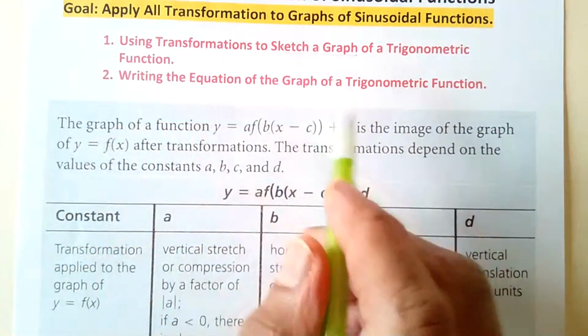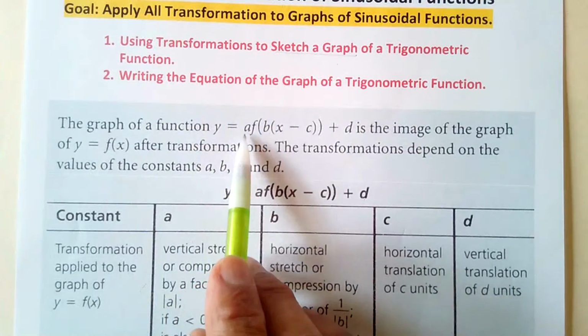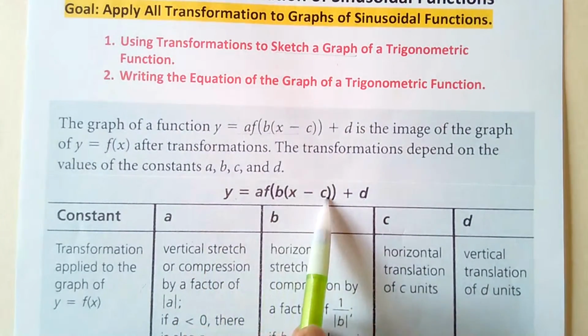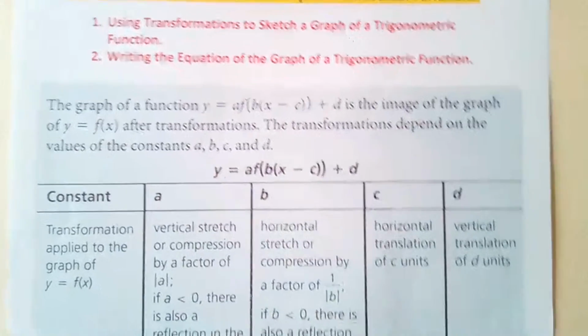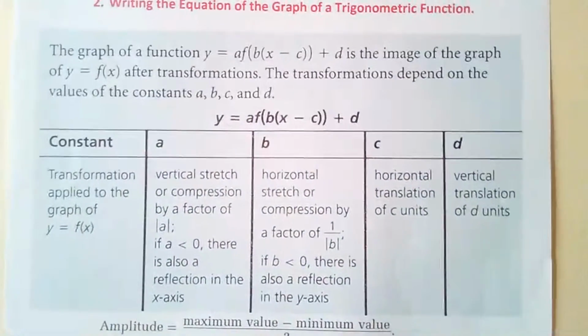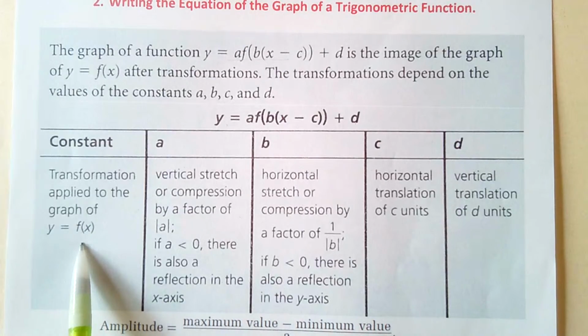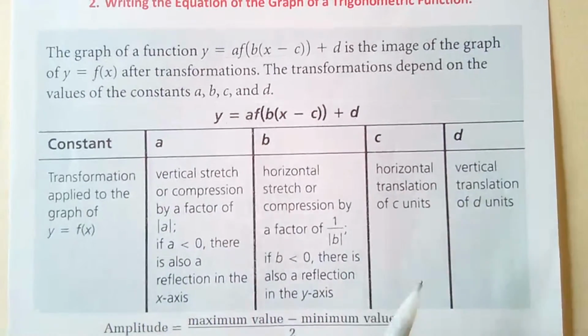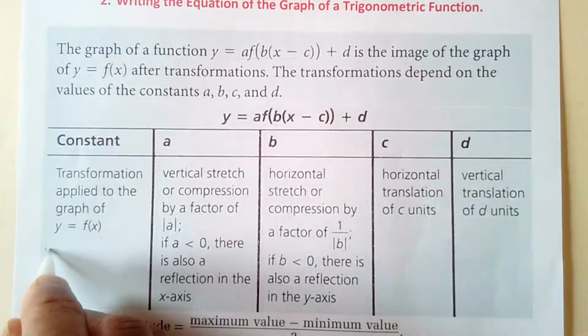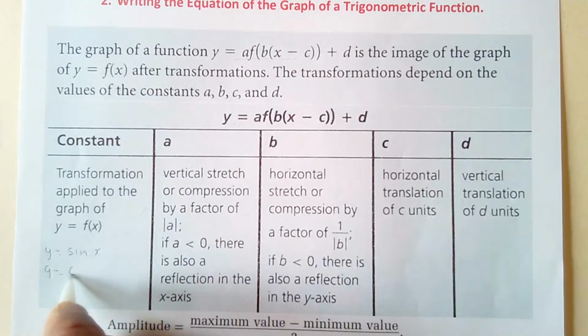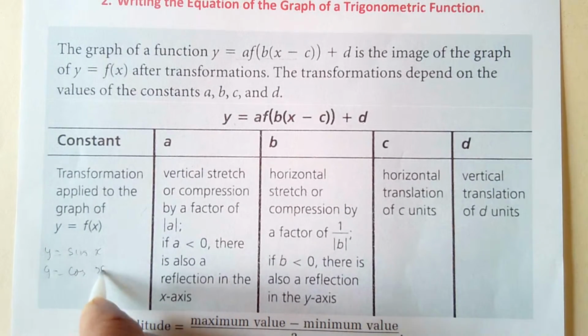So we're going to sketch a graph. This is a basic formula: y is equal to a sine of b(x minus c) plus d. I'll post this in the blog. So here's your basic y equals sine x graph or cos x. So we can say y is equal to sine x or y is equal to cos x.